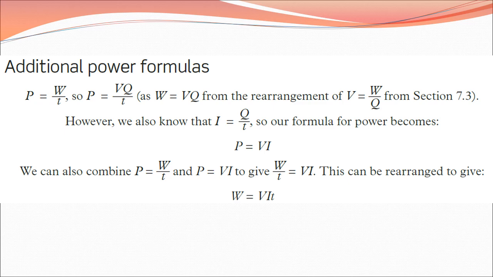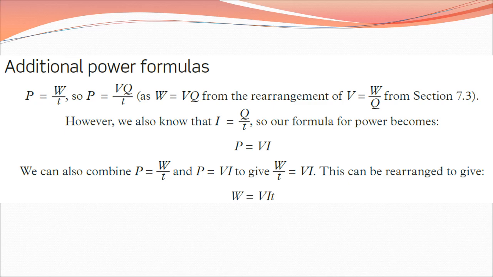Considering just an electric circuit, and looking at electrical power, if power equals work over time, we remember from last lesson that voltage equals the work done divided by the total amount of charge. Rearranging V equals W on Q, we can say that W equals V times Q, so work equals voltage times charge. We can put that into the top of our fraction, so we have power equals voltage times charge divided by time.